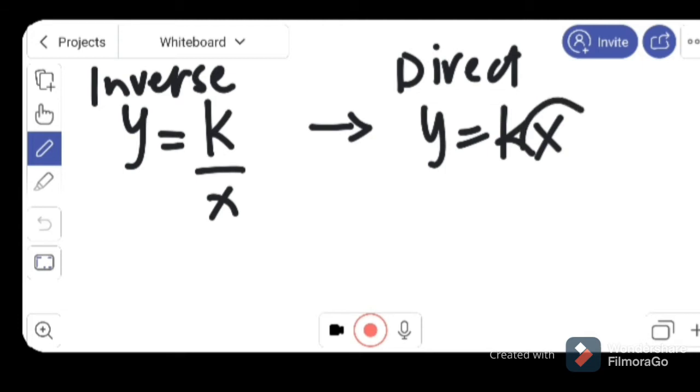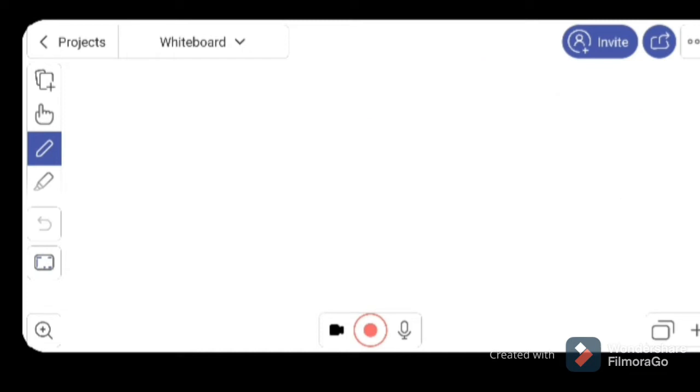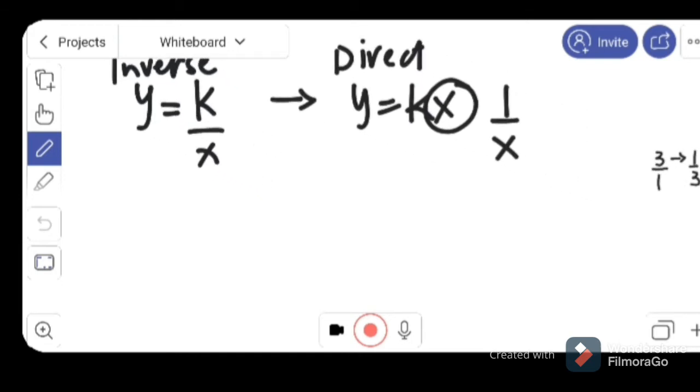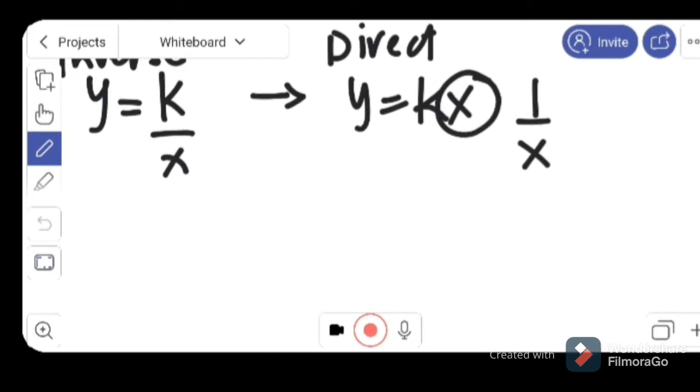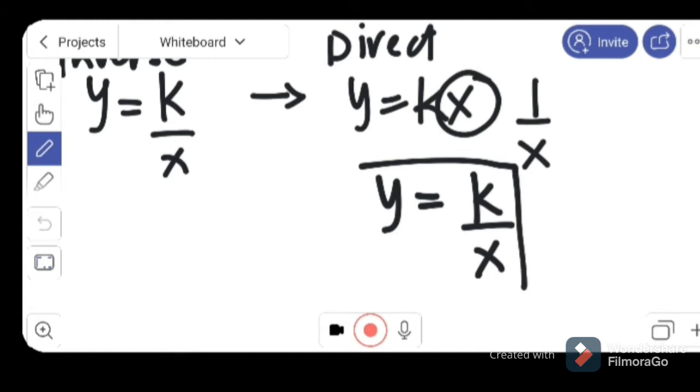So meaning we are taking that variable x and getting its reciprocal. So what is the reciprocal of x? 1 over x. So we multiply this with k. So that would be y is equal to k over x. That's how we get the inverse variation formula, where again, k represents the constant of variation.